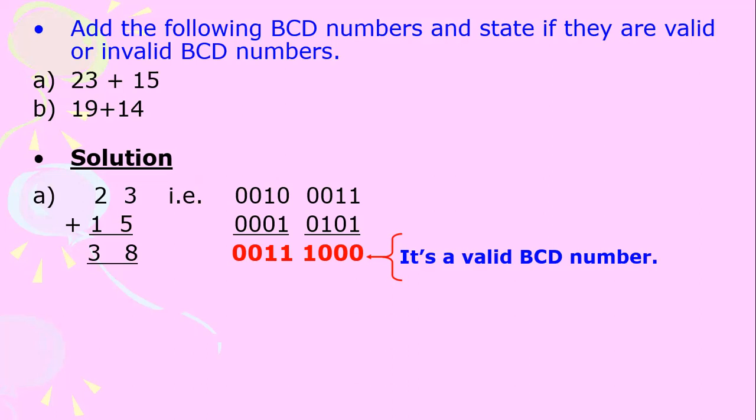And it's true. The binary equivalence of 3 is 1, 1. And because it's in BCD, we include 2 zeros on the most significant side. So 0, 0, 1, 1 is equivalent to 3, while 1, 0, 0, 0 is equivalent to 8. So that is a valid BCD number.